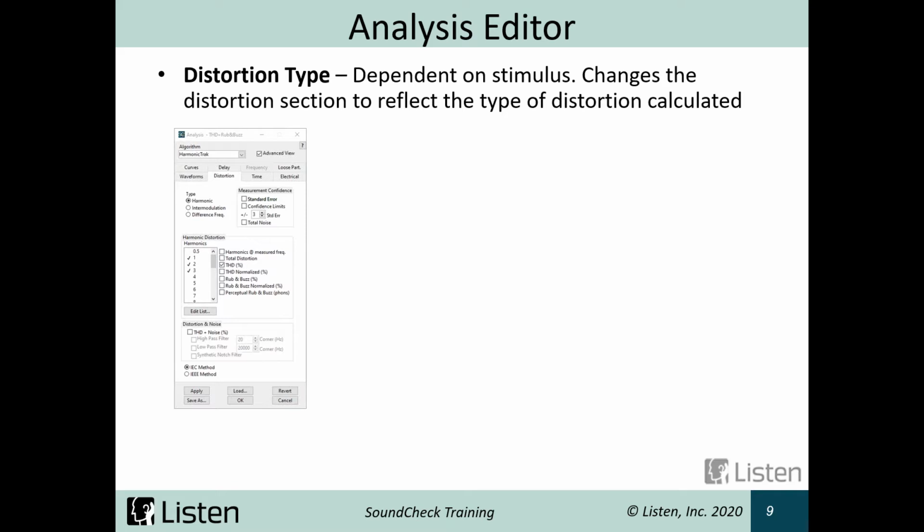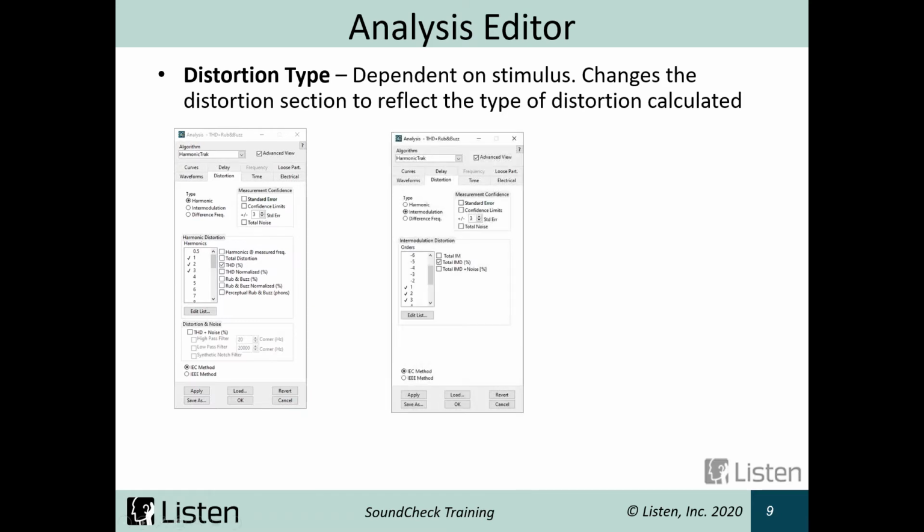If instead of a step sine sweep, I was using a two-tone intermodulation stimulus, I could switch this harmonic type distortion to intermodulation. When I switch this over, the harmonic distortion section we were just looking at in the middle switches to intermodulation distortion.